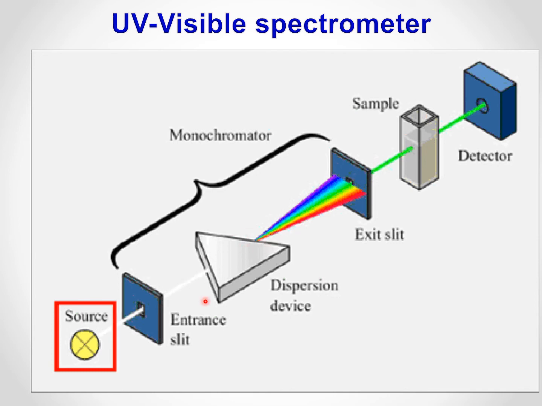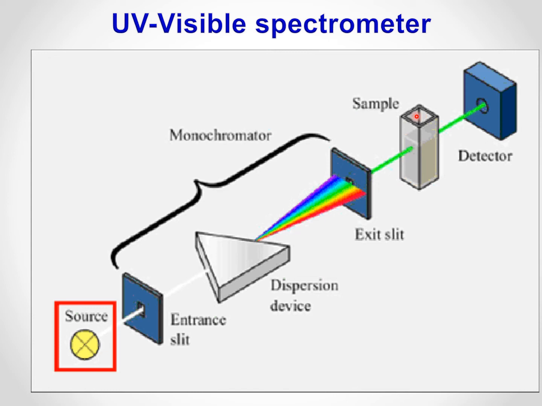So you have a dispersion device. This is mostly a prism or a diffraction grating, and that will split the radiations into different wavelengths, and using this exit slit only one wavelength is allowed to come out. This comes into a sample.